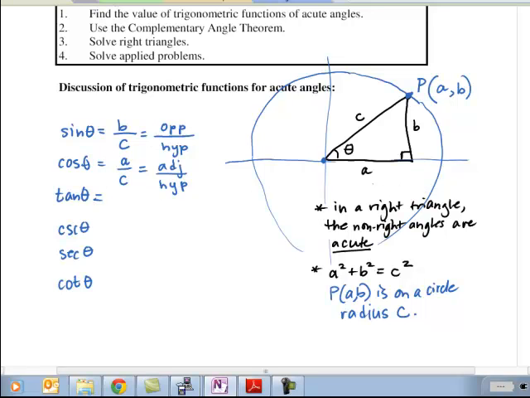Tangent of theta from the unit circle approach was the y-coordinate divided by the x-coordinate. So in this case, that would be B divided by A. And in terms of the triangle sides, that's the opposite over the adjacent. Cosecant is the radius divided by the y-coordinate, so C divided by B. And notice, that's just the hypotenuse divided by the opposite side, and that's the reciprocal of the sine.